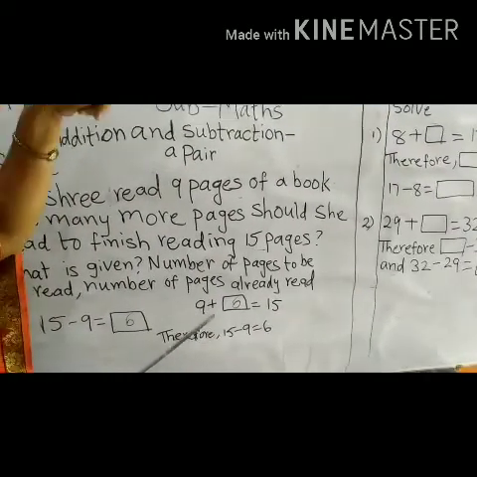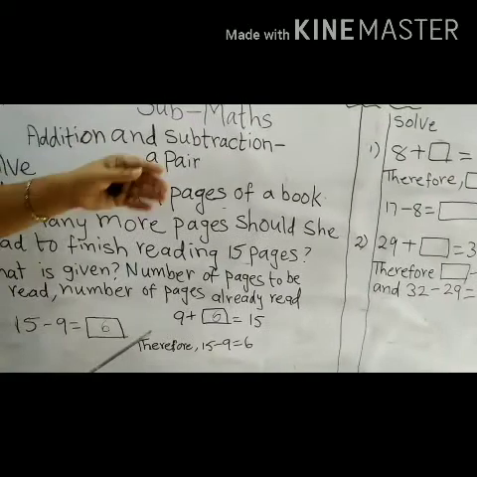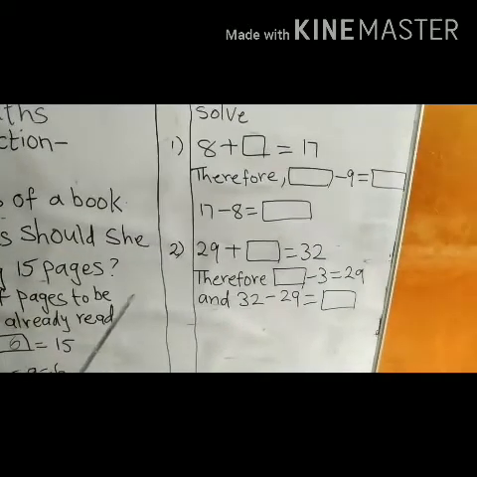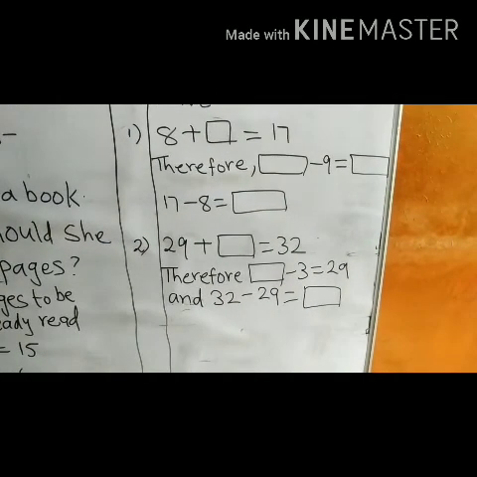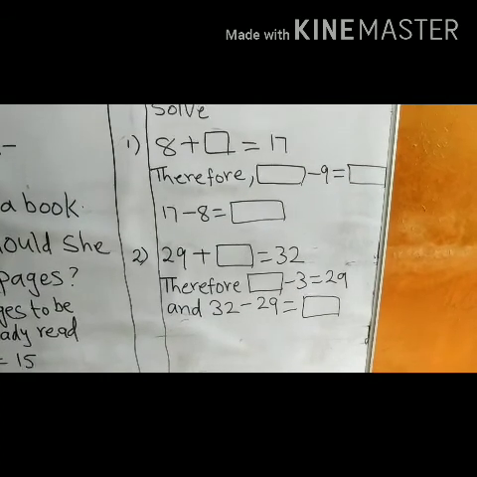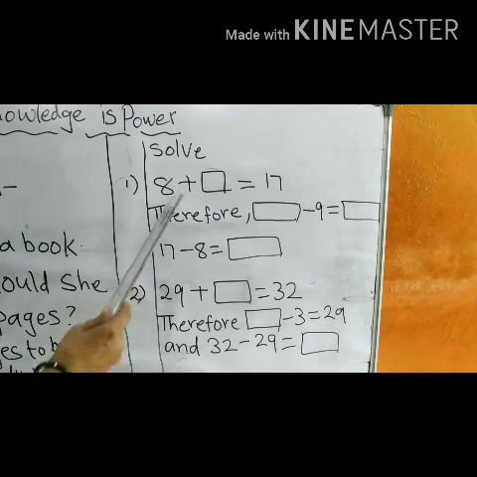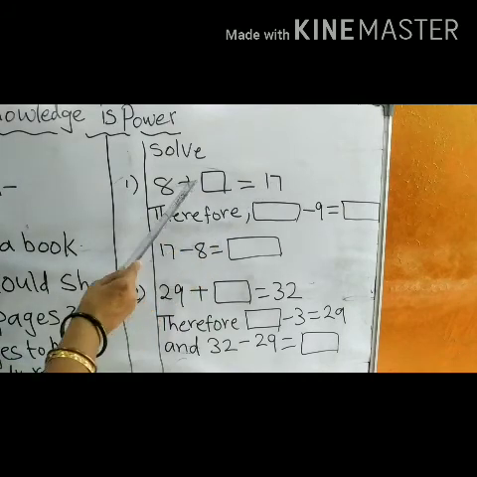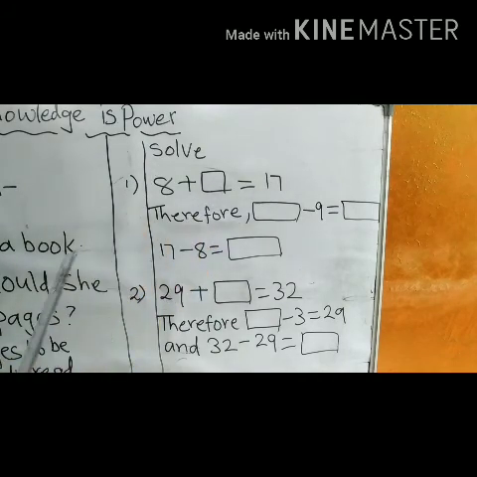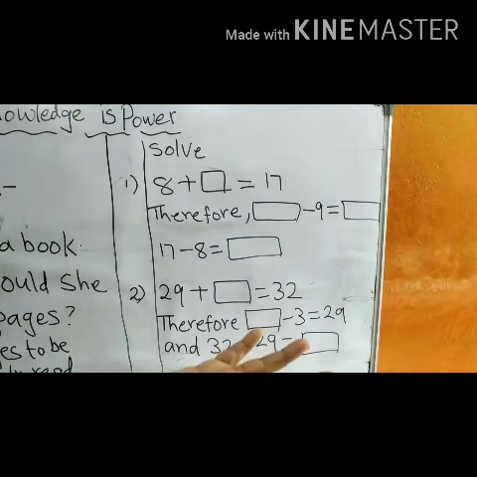Okay. Now, on the other side, some sums are there that I will show you how to do. First one I will do, and then the rest you have to do on your own. Now over here you see 8 plus box is equal to 17. So what you have to do, children, is from 8 you count till 17.